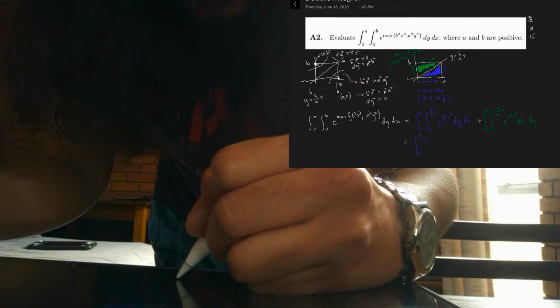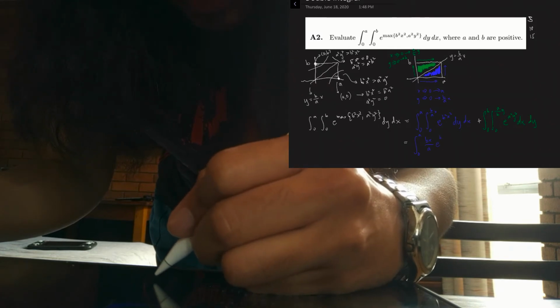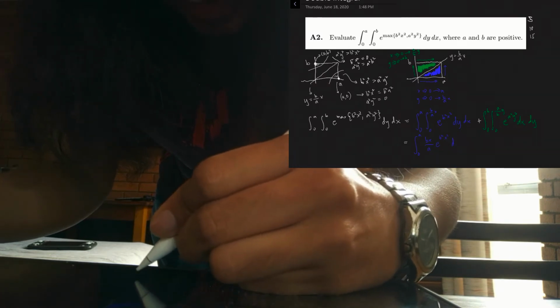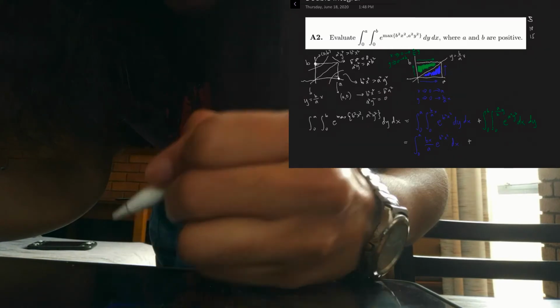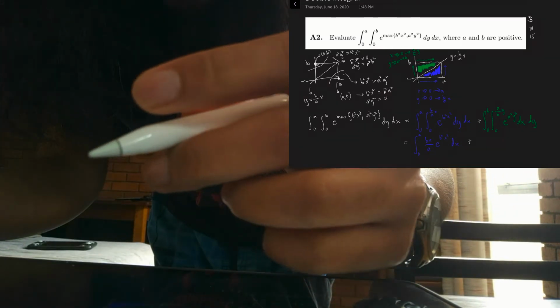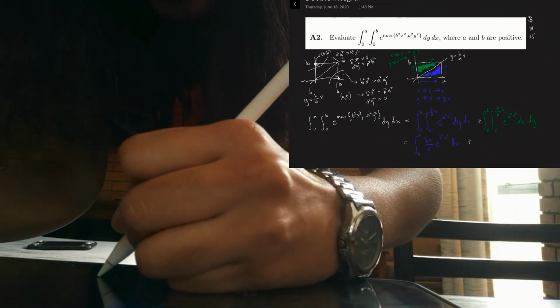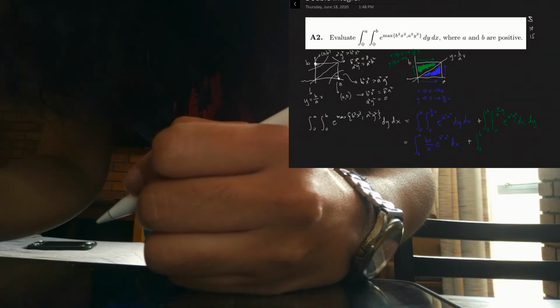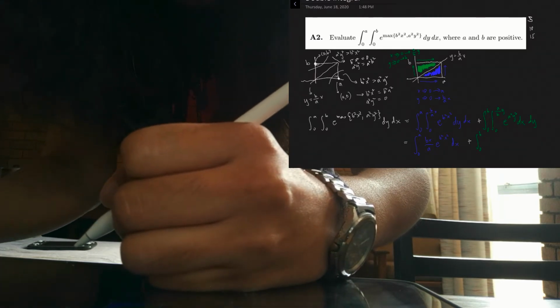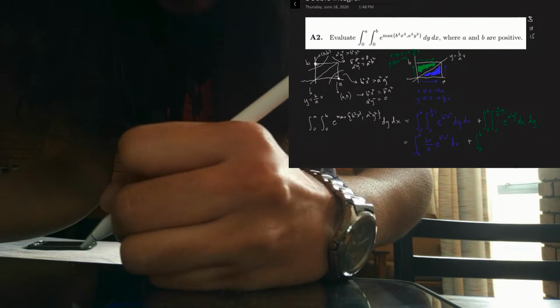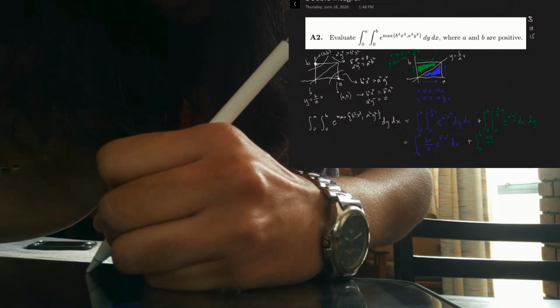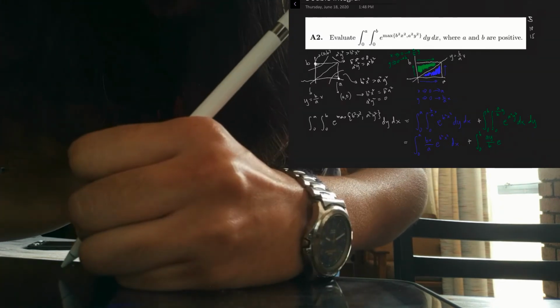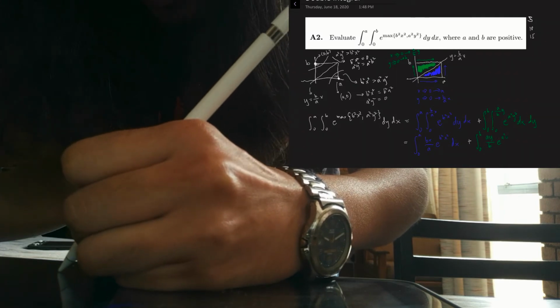So you have bx over a e to the b squared x squared dx, and then similarly our second term, this time we're doing the x integral first, and again the integrand doesn't have any x in it. So it will become x e to the a squared y squared evaluated at a over b y. The lower limit will be gone because it's just 0, so you have a y over b e to the a squared y squared dy.